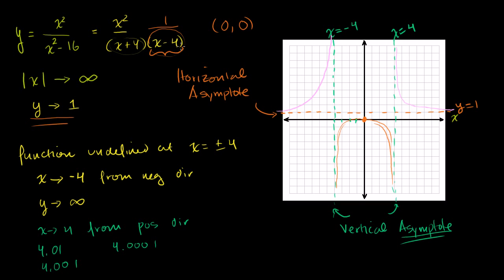If this is becoming smaller and smaller, 1 over a super small number is a super large number. So as you can imagine, you're going to get larger and larger. And depending on whether you're approaching from the positive or negative, so whether this is a super small negative number or a super small positive number, that's going to flip the sign.